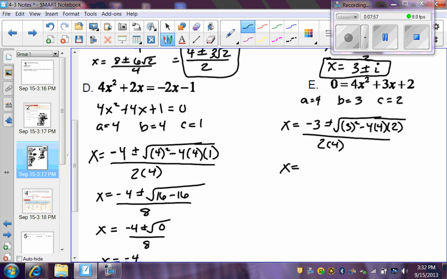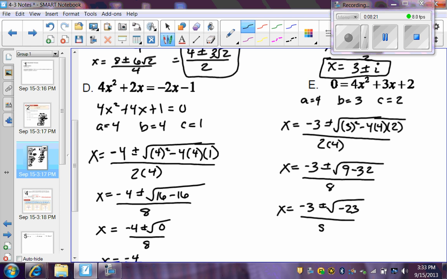So x equals negative 3 plus or minus the square root of 9. Negative 4 times 4 times 2 would give me negative 32, all over 8. So x equals negative 3 plus or minus the square root. 9 minus 32 would be negative 23, all over 8.